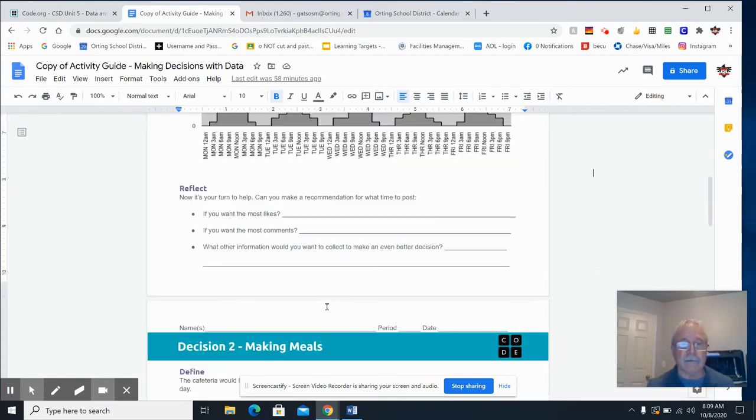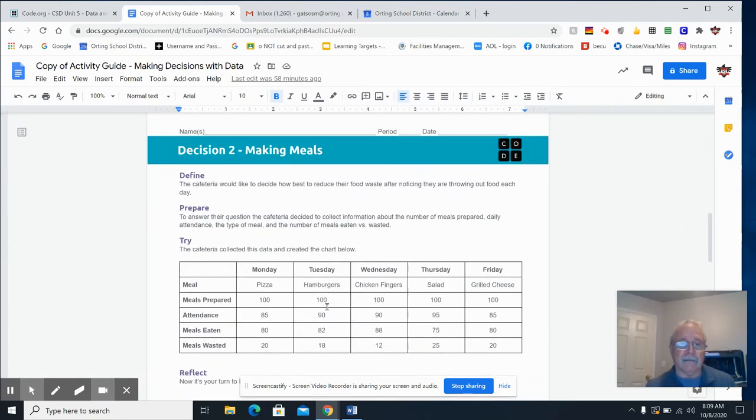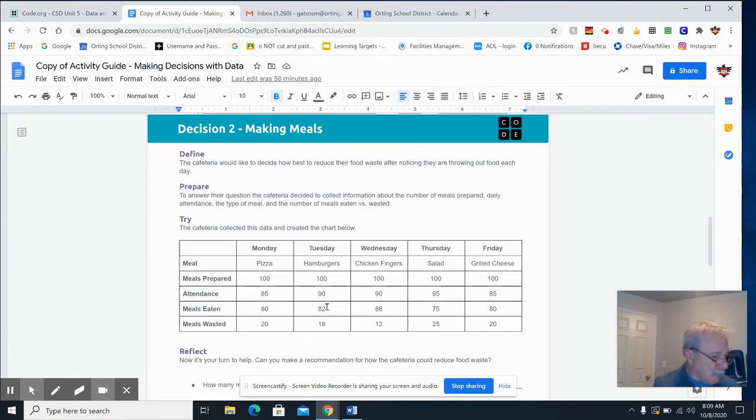Okay, let's move on to the next one. Making meals. In making meals, our cafeteria would like to decide how best to reduce their food waste after noticing they are throwing out food each day. To answer their question, the cafeteria decided to collect information about the number of meals prepared, daily attendance, the type of meal, and the number of meals eaten versus wasted.